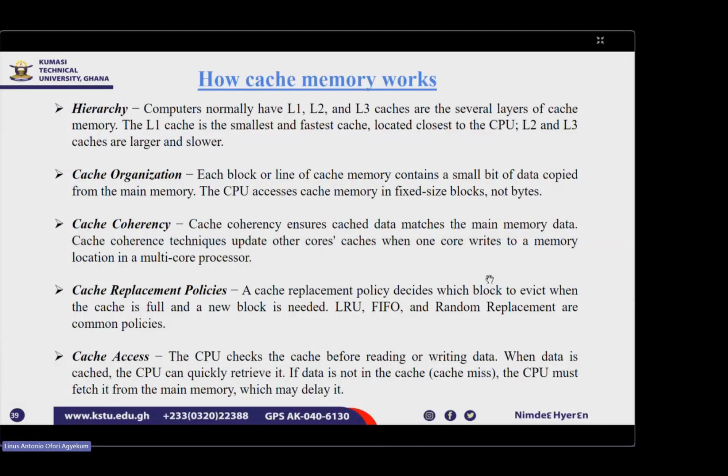What this means is that they ensure that the data within the cache matches the main memory data. Then we have the cache replacement policy, so that when the cache is full, it decides which block to evict.